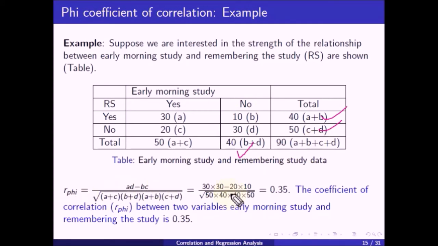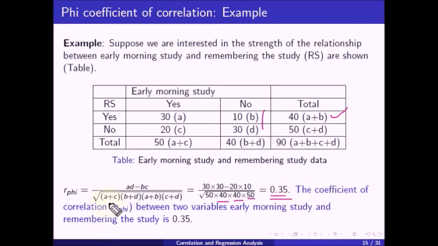So we have to put in all the values a, d. A into d, so a is 30, d is 30, so 30 into 30 minus b into c, b is 10, c is 20, so 10 into 20, divided by the square root of a plus c, which is 50, into b plus d, which is 40, into a plus b, 30 plus 10 is 40, into c plus d, which is 50, and the value is 0.35.